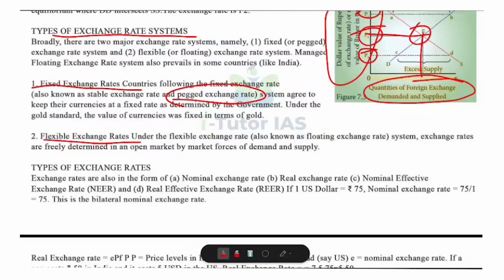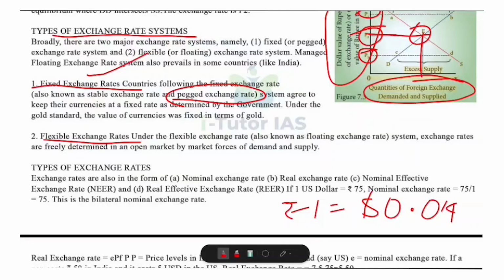It is also called the stable exchange rate system. Under the gold standard, currencies were pegged to gold. For example, if rupees 1 is equal to $0.014, that is fixed and remains at that rate until the government decides to change it. What are the advantages of the fixed exchange rate system? It provides stability in international trade and investment, and it reduces exchange rate risk for businesses.